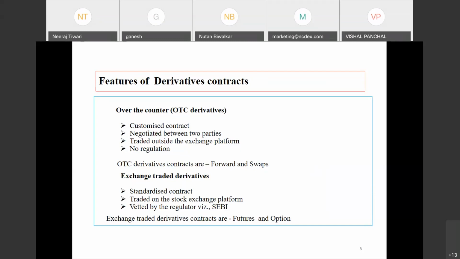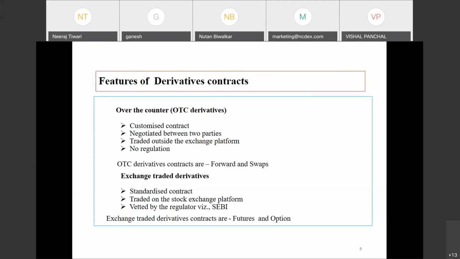So he will fix both, means it is negotiated between two parties. Everything will be negotiated: the color, quality, quantity, how much quantity he wants, what type of color he wants, then what would be the price, what would be the maturity date, what would be the contract launch date. Everything is negotiated between the two parties.